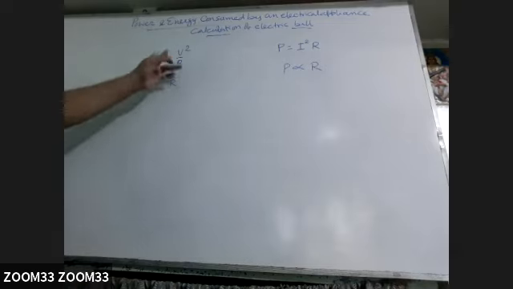According to the first relation, P is inversely proportional to R, that is, if resistance is more, its power will be less. According to the other relation, if resistance is more, power will be more.